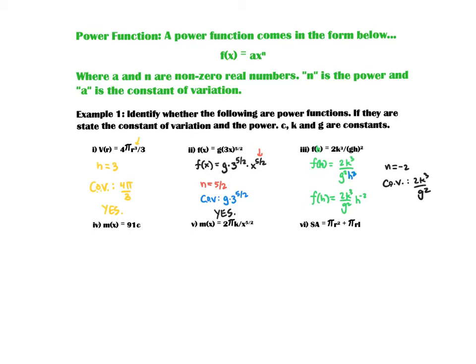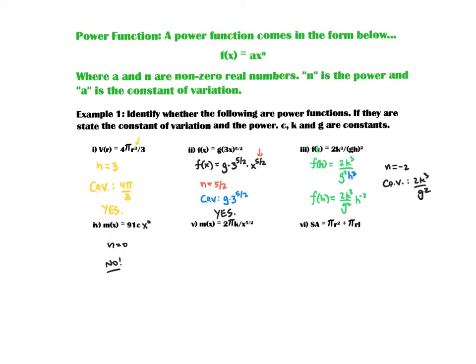Okay, on to example number 4. It looks like if this is an expression or an equation function in terms of x, x is raised to the 0 power, which is a problem, right? Because we need a and n to both be non-zero real numbers. Since n equals 0, no, this is not a power function.